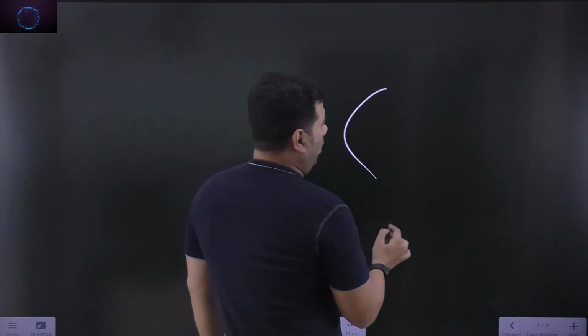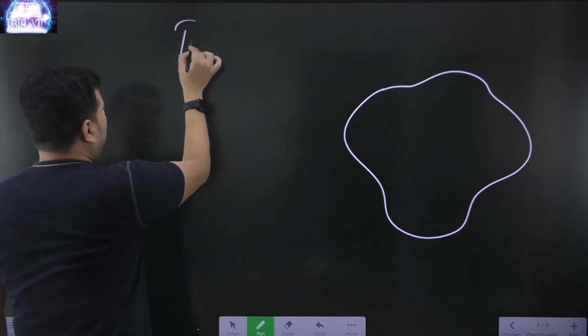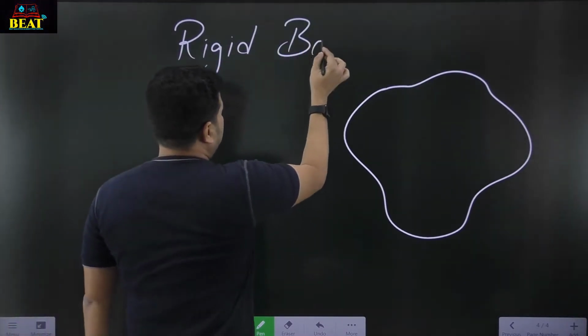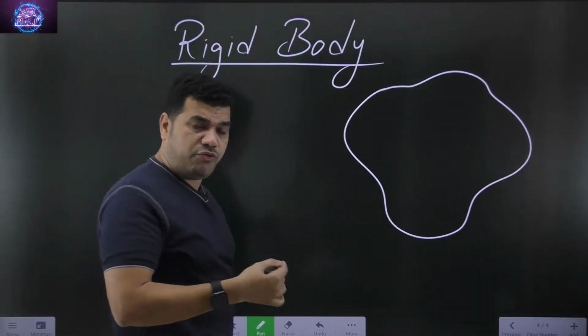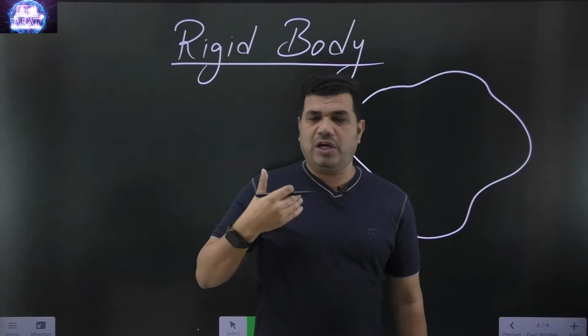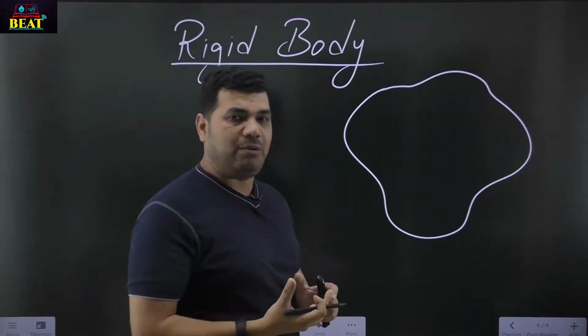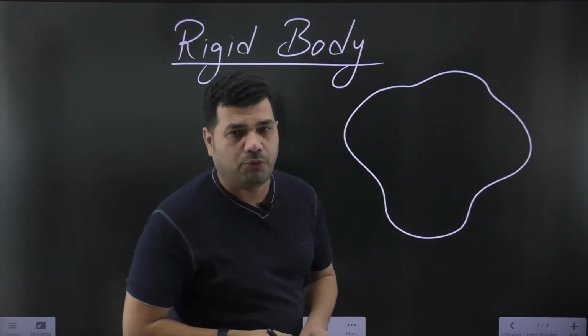Suppose there is an object, and we are saying that this object is a rigid body. We are interested in finding the definition: what special things make this body a rigid body, right?